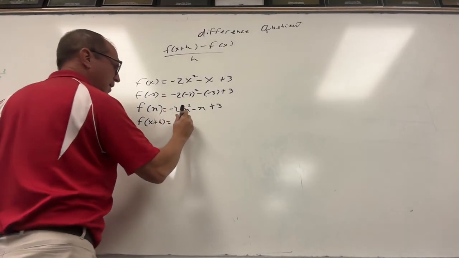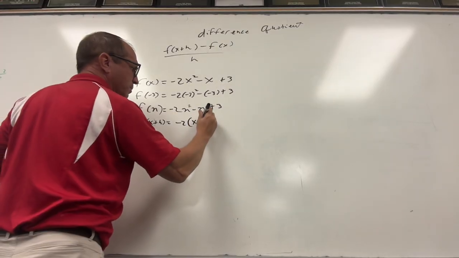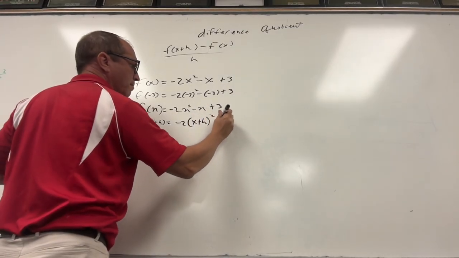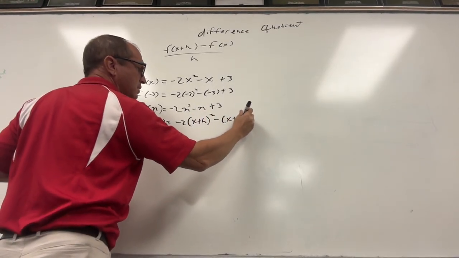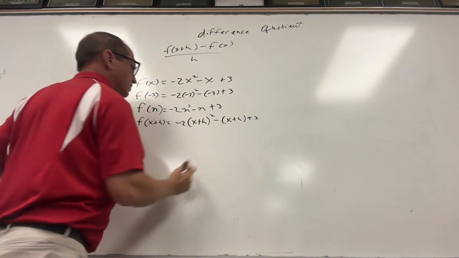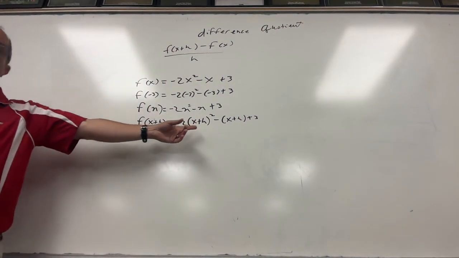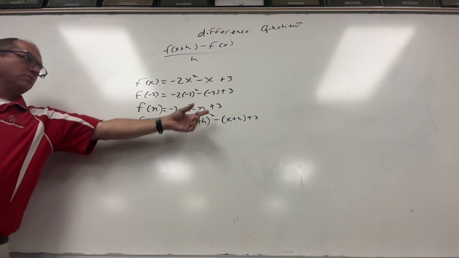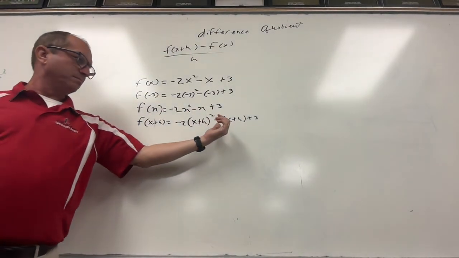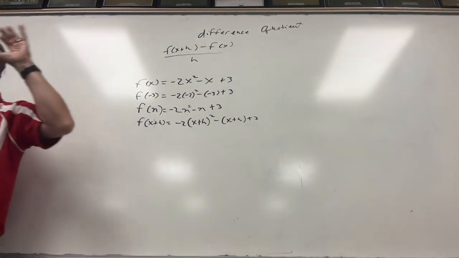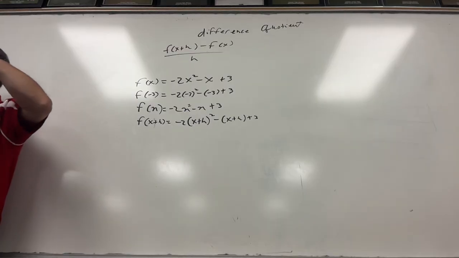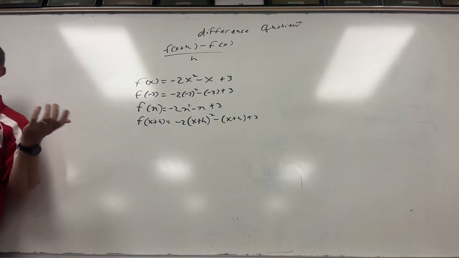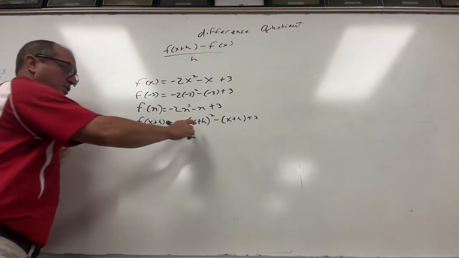Well, it is negative 2 times x plus h squared minus x plus h and then plus 3. It's just like earlier when we had x plus 2. We had x plus 2 squared minus, I think it was 2 times x plus 2 or whatever. We handle it the same way. The only difference is we don't have any numbers in this. It's just letters.